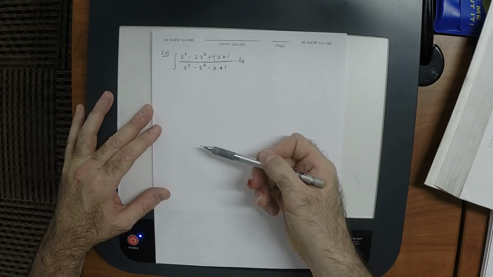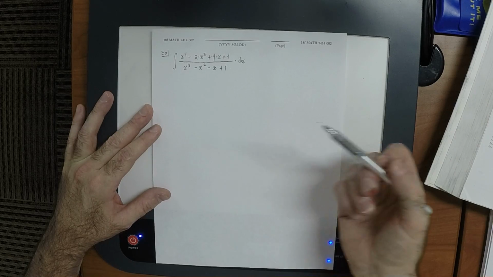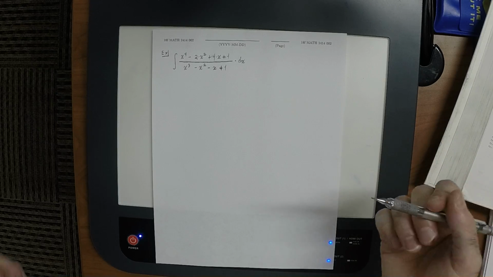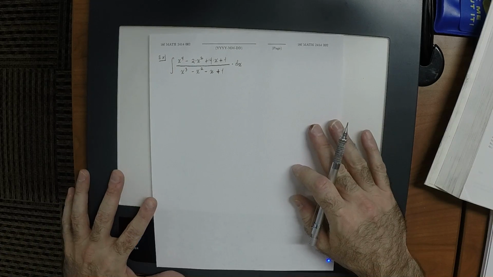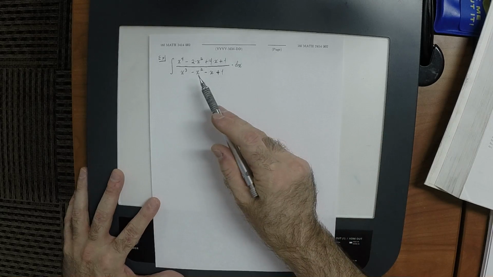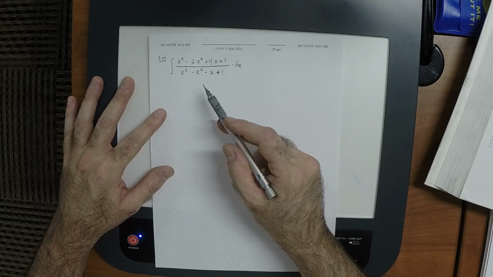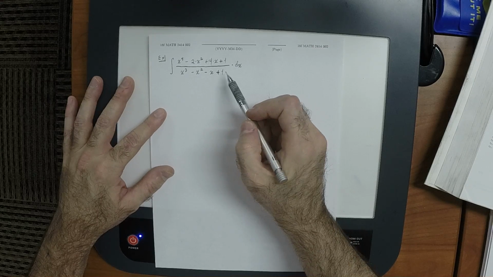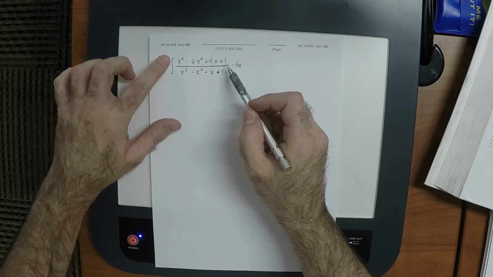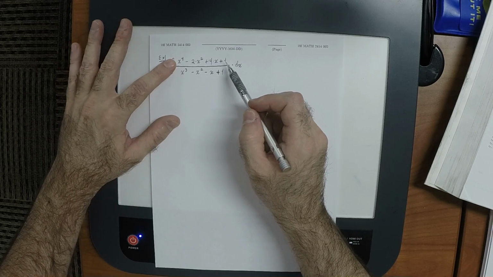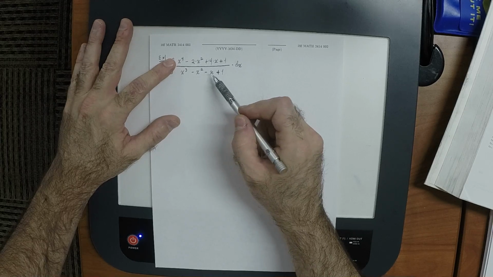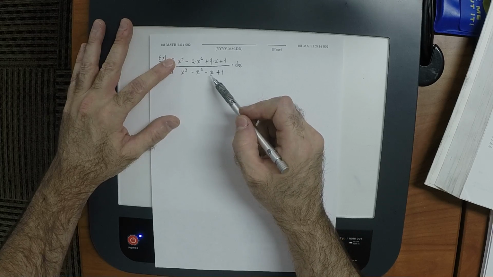It's polynomial over polynomial, and moreover, it doesn't look like a substitution to me, because if we were going to do any substitution, we would have to say that u is the denominator. It would make no sense to say u is the numerator, because then we wouldn't be able to cover the denominator at all with the substitution. It wouldn't work.